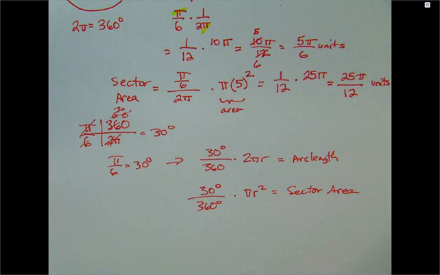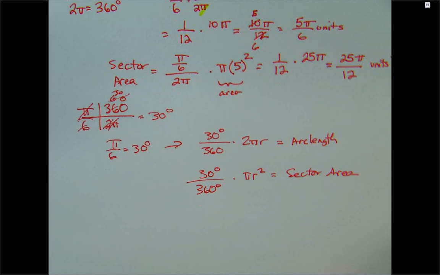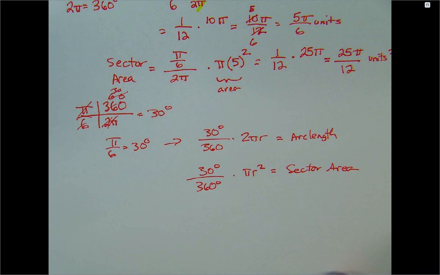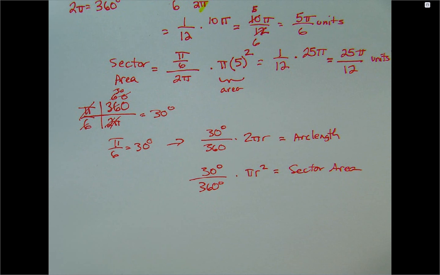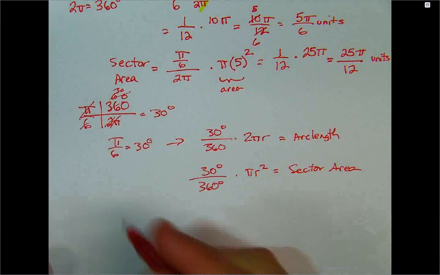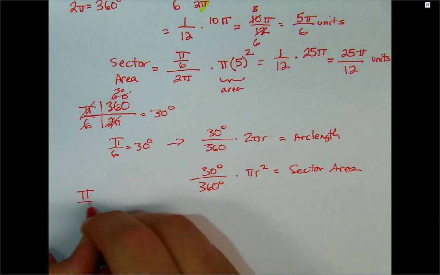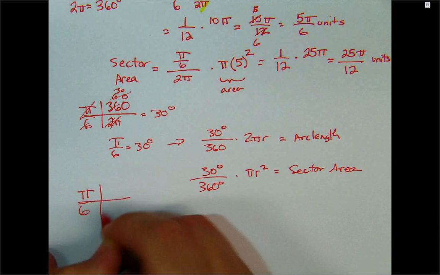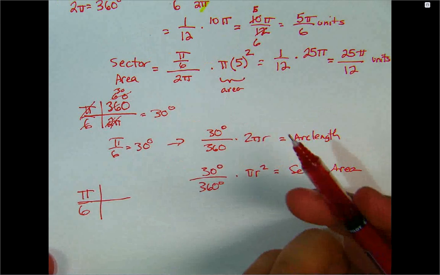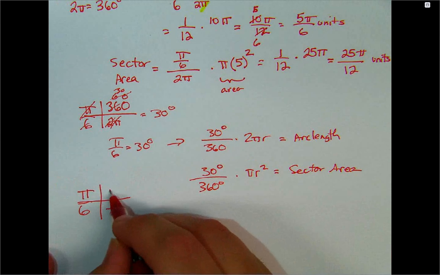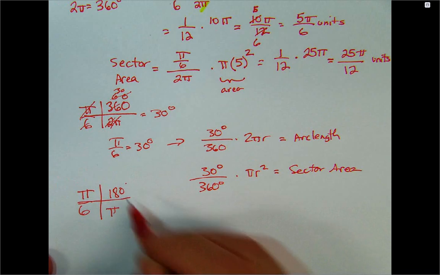Or even easier than that, pi over 6. Use pi over 180. The pi's divide out. 6 goes into 180 30 times. There's your 30 degrees. So you can convert like this.